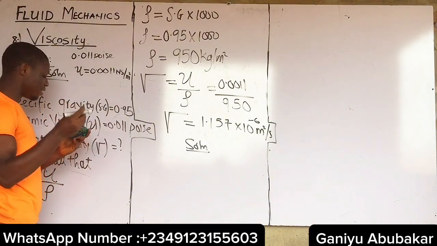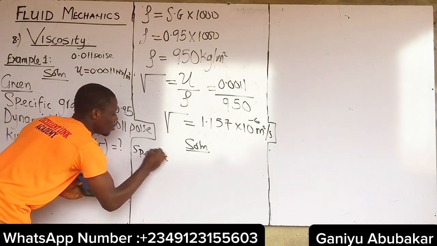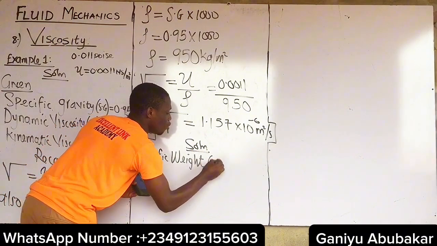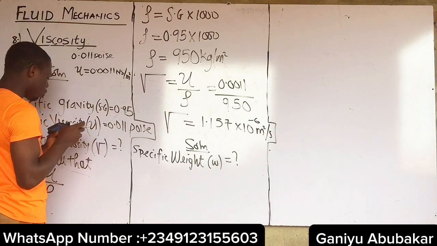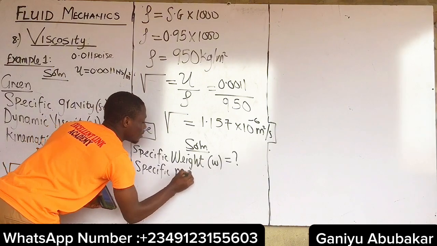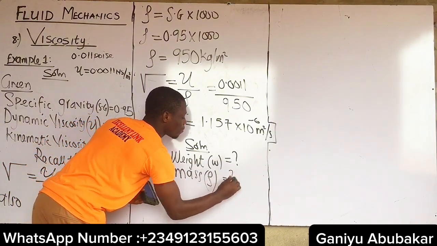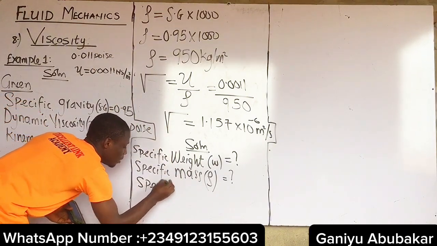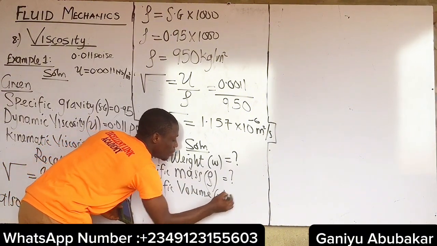I'm looking for specific weight, small w, which is unknown. Next, specific mass, rho, is unknown. Specific volume, small v, is also unknown.